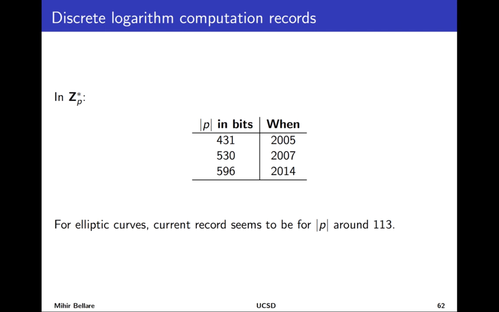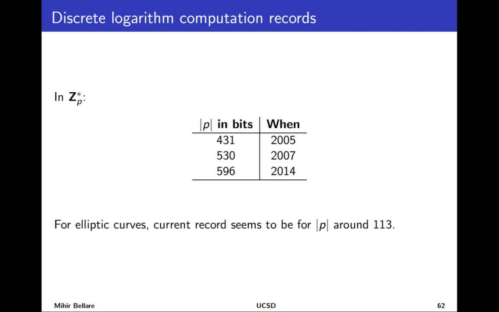So people evaluate this experimentally. They have primes of different sizes and they run these algorithms, optimized as much as possible using as good hardware and software as they have, parallelizing it as much as possible to see what they can do in terms of finding discrete logs.